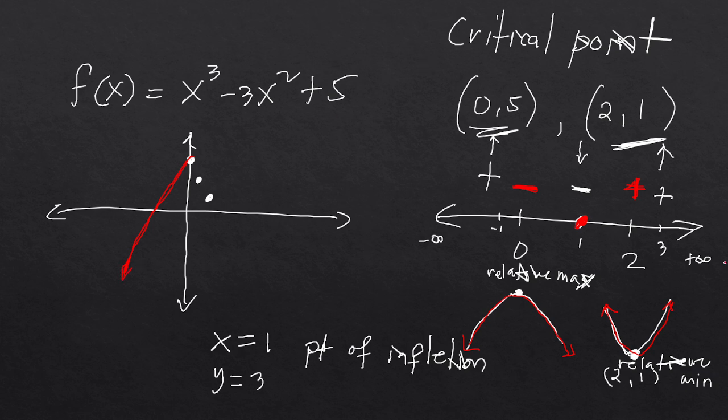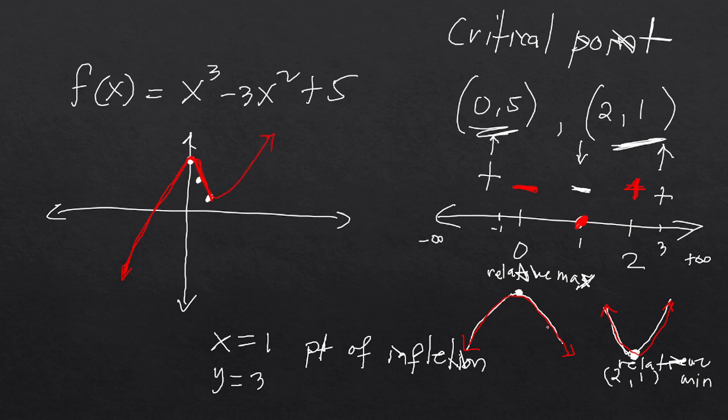And for the interval from 0 to 2, your function is decreasing. So it will go like this. It will pass through that point. It's a curve. Maybe it will not look like a curve, but it's really a curve. And then from 2 to positive infinity, your function is increasing. So it will go like this.